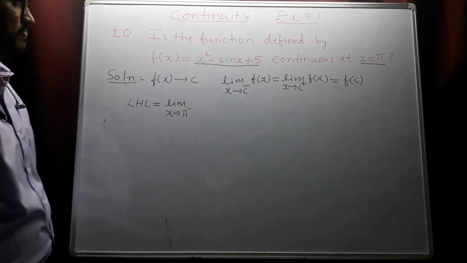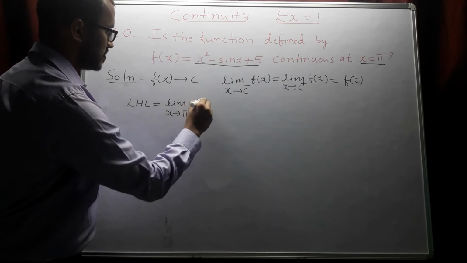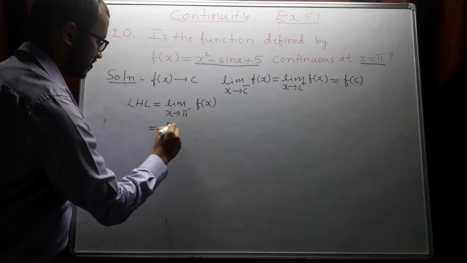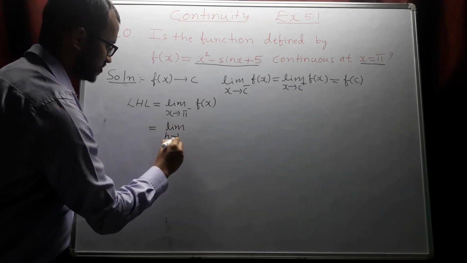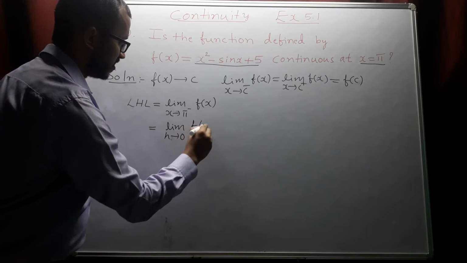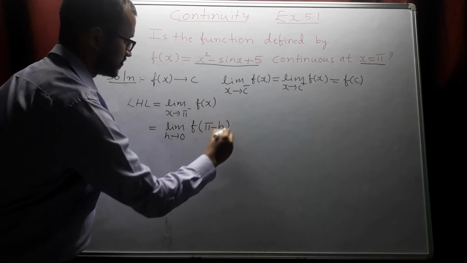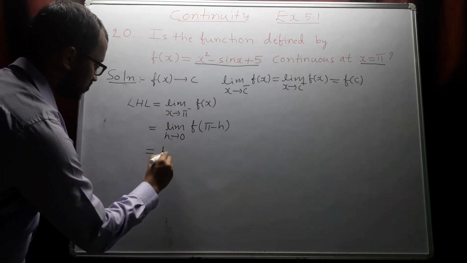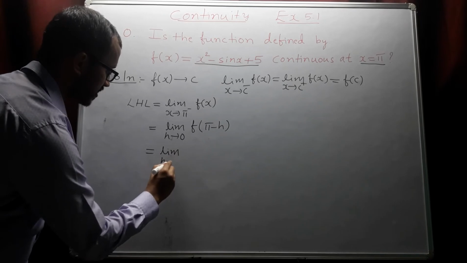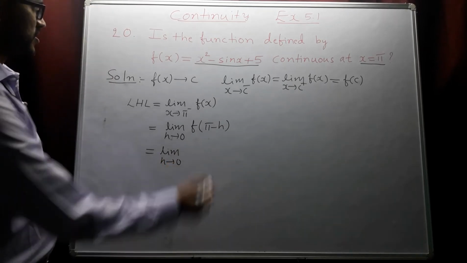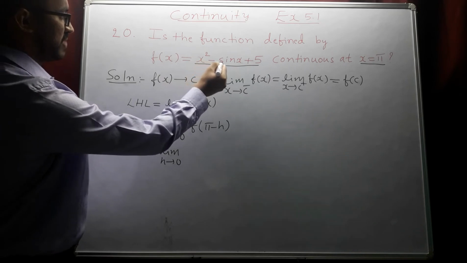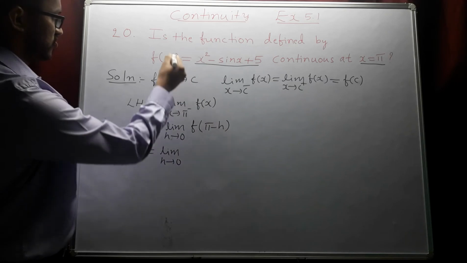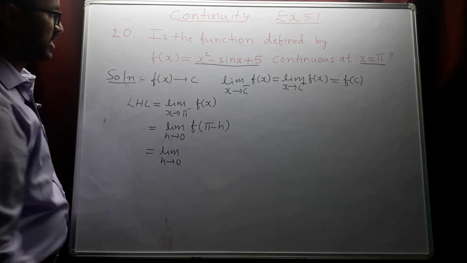Here the point is π, so that is equal to limit h tends to 0 of f(π − h). Here f(x) = x² − sin x + 5, so for f(π − h), we replace x by π − h.